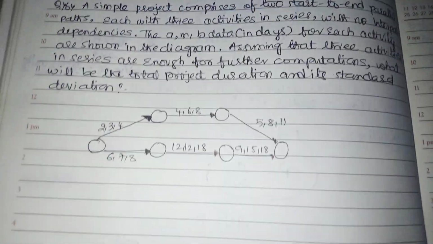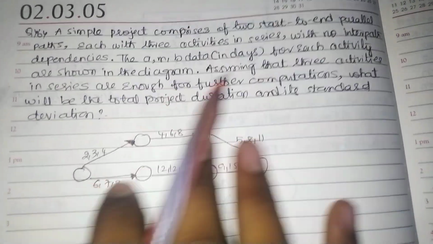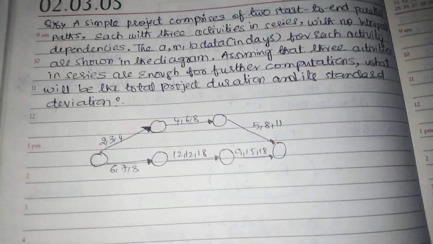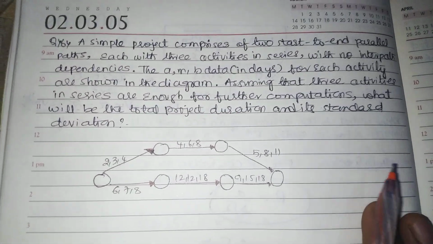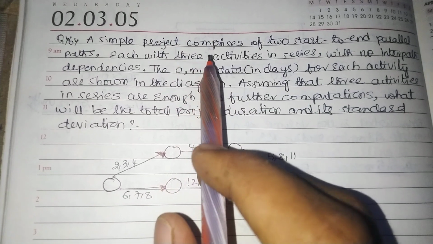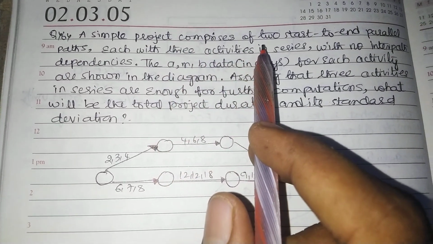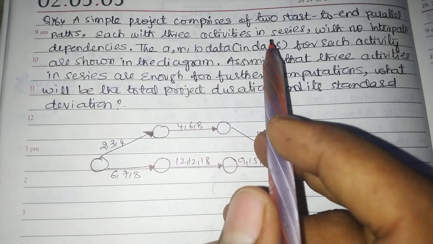This is a lengthy question, so we have to analyze it in brief. It takes very little time to understand. The question was: a simple project comprises two start-to-end parallel paths, each with three activities in series with no interpath dependence.